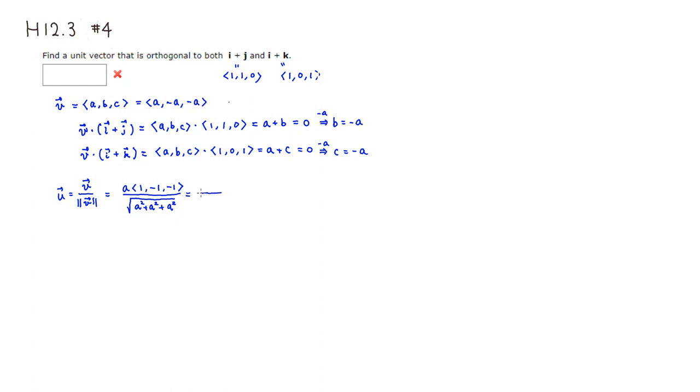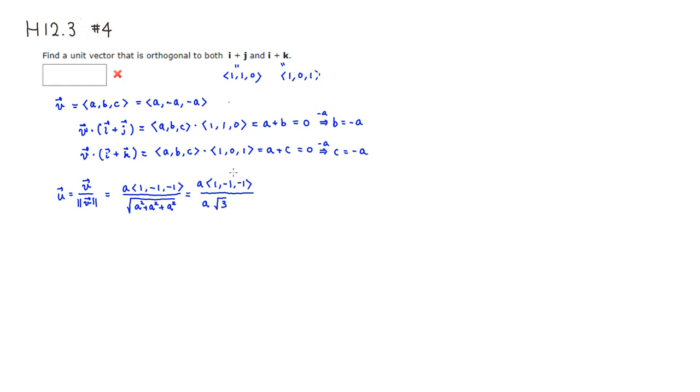We're going to pull out a, and assuming that a is positive, you have 3a squared, so the square root of a squared would be a, and then you still have the square root of 3. Then you have a here and 1 comma negative 1 comma negative 1.